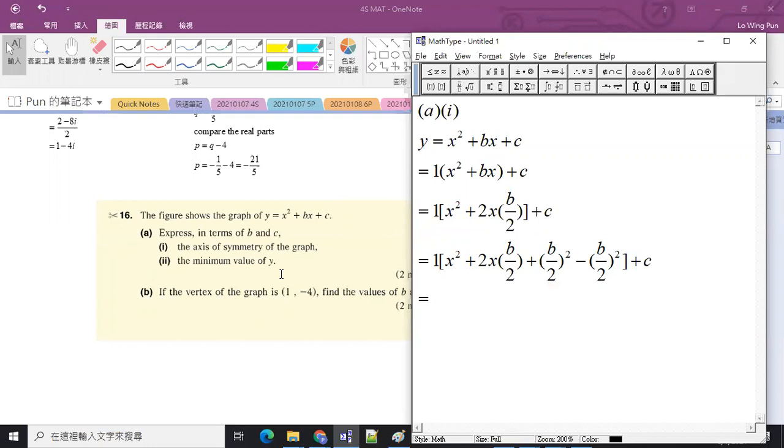And the first three terms inside the square bracket are changed to x plus y bracket square. And then minus b squared over 4 plus c. And then we just expand the bracket, x plus b over 2, b over 2 square minus b square over 4 plus c.